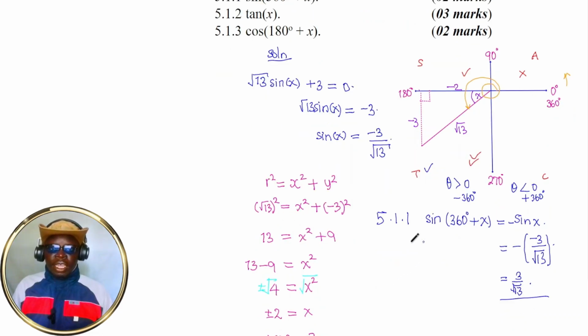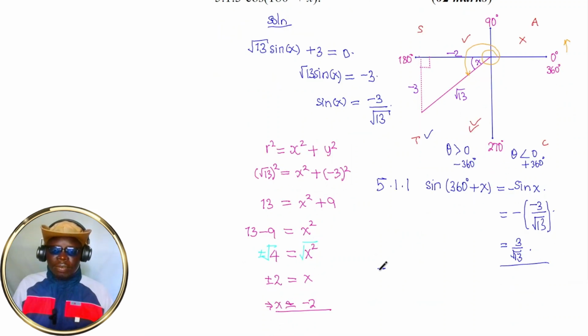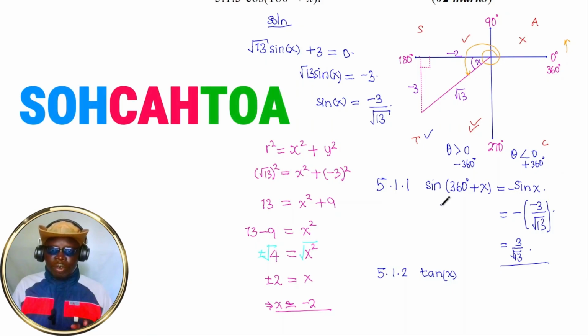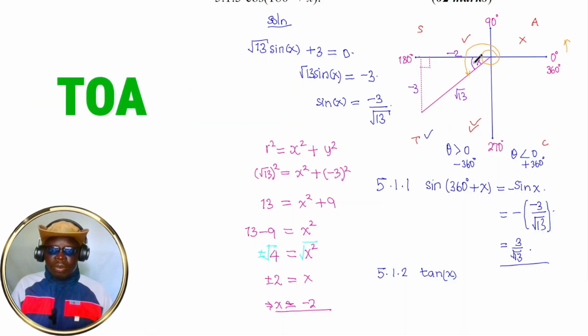And let's move on to the second part, and we're looking at tan of x. And this is 5.1.2, saying we are calculating for tan of angle x. From our right angle diagram, we know that for us to get tan, we need to come from SOHCAHTOA, to TOA, and tan of any angle x is given by opposite over adjacent.